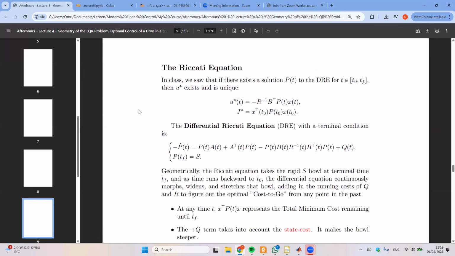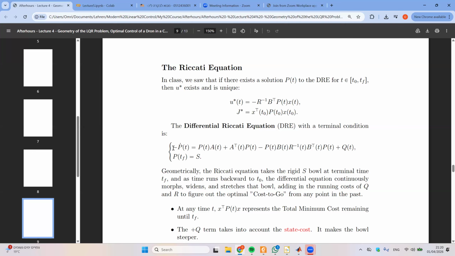Okay, now what about the Riccati equation, why it works, where it comes from? So we saw that if there exists a solution to the differential Riccati equation, then an optimal solution exists and it's unique. The optimal solution is what we see here, and actually the minimal cost is again what we have here.